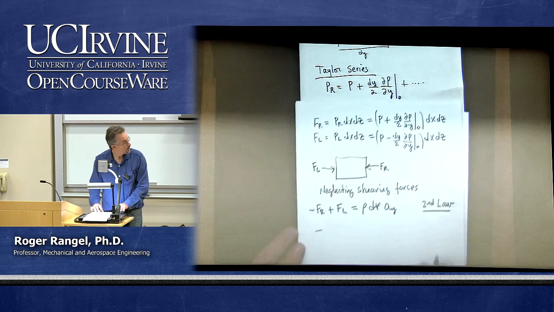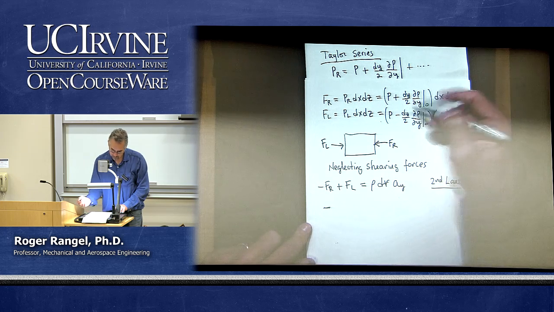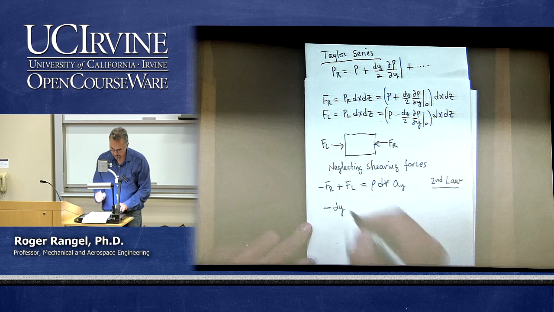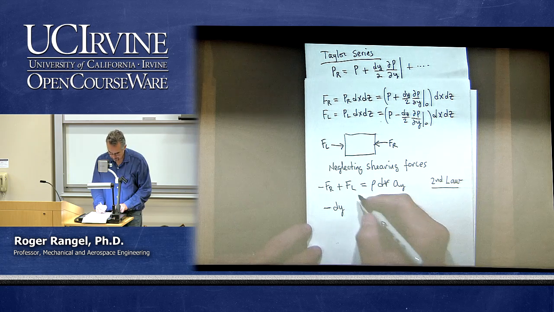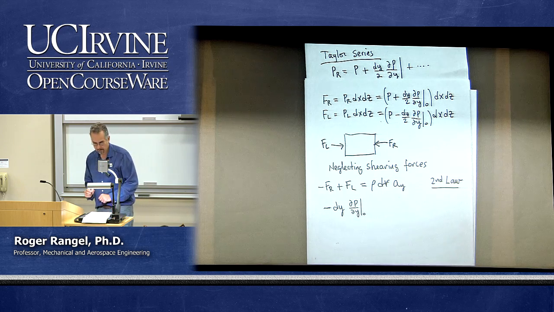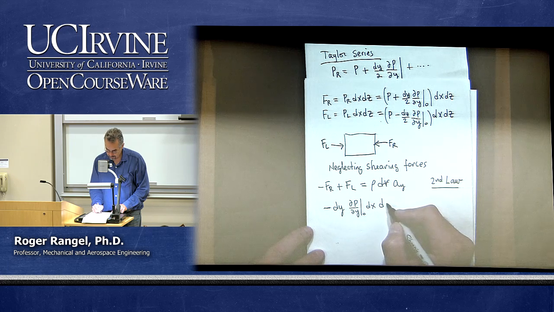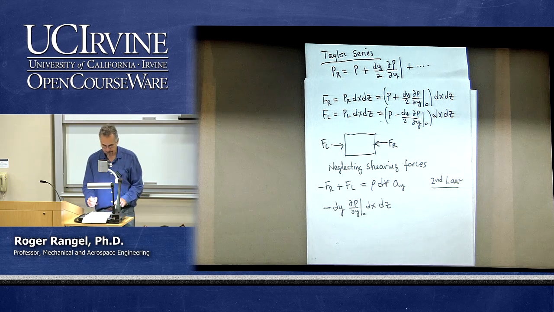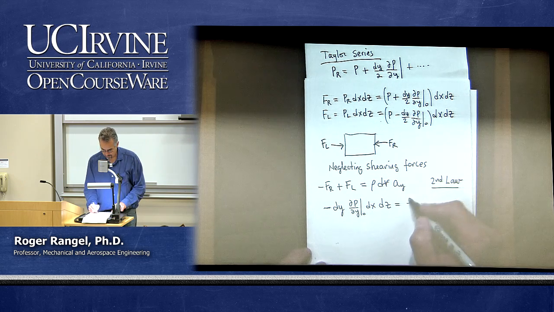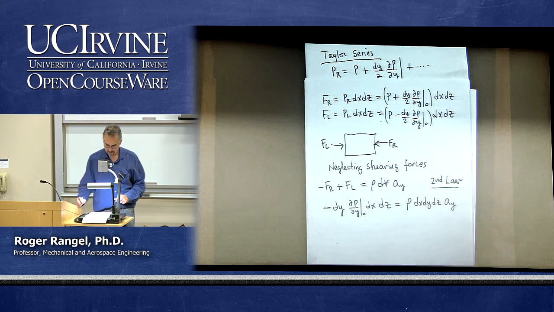So I will have minus the sum of these two terms, so dy over 2 and dy over 2 just give me a dy, dp dy at the center of the element times dx dz. And then on the right-hand side, rho, we can go ahead and write the volume of the element as dx dy dz times a sub y.